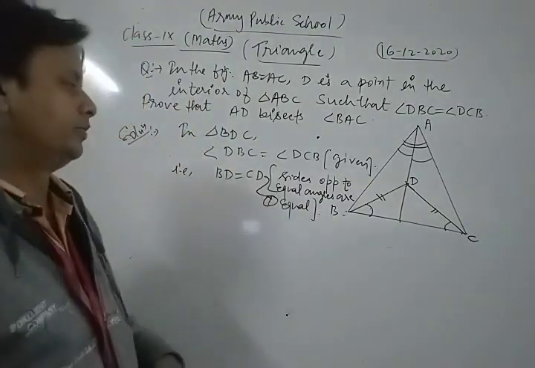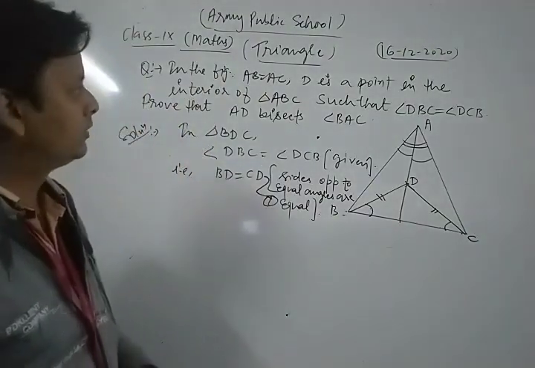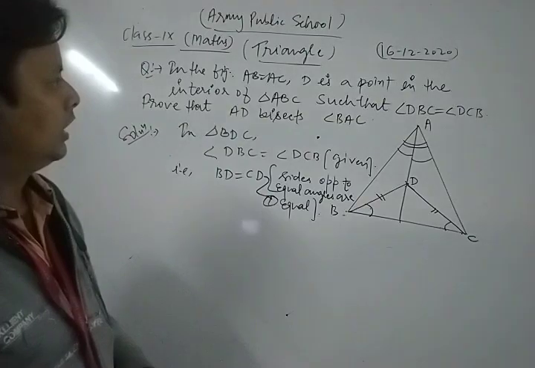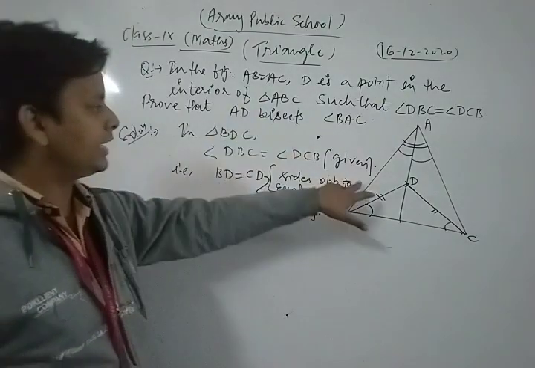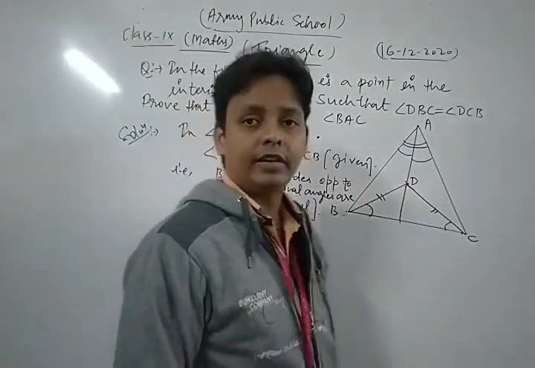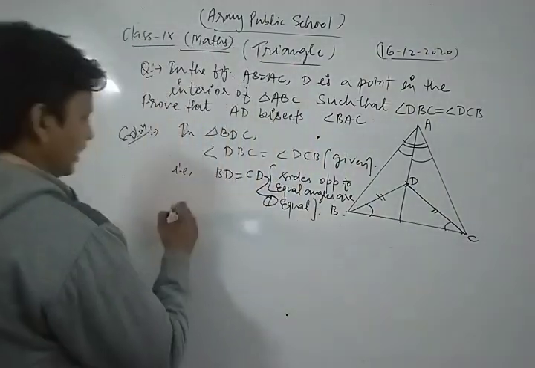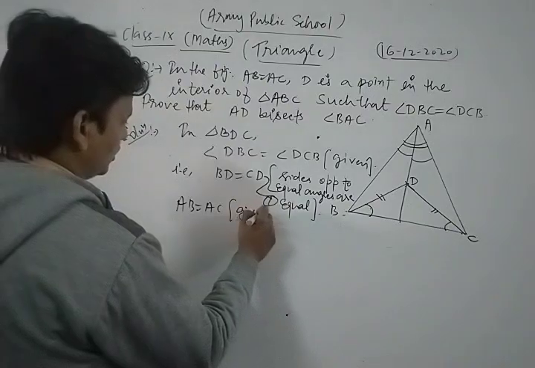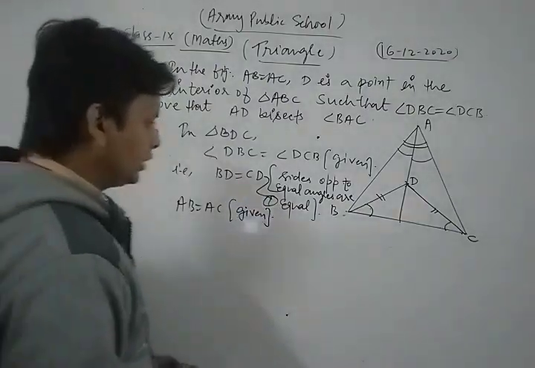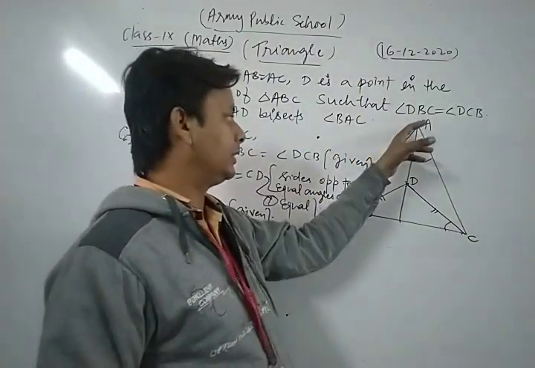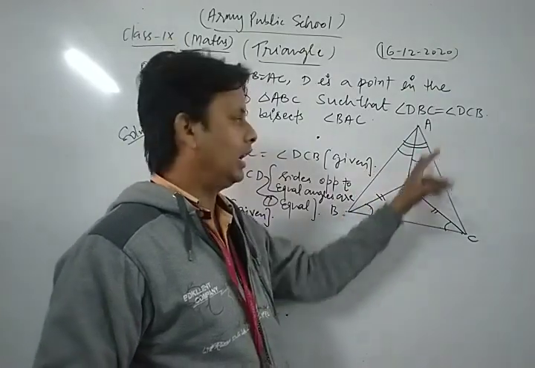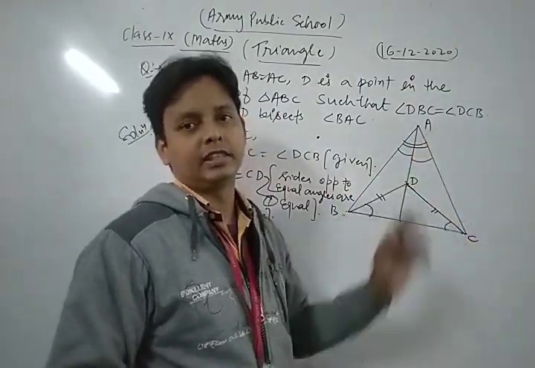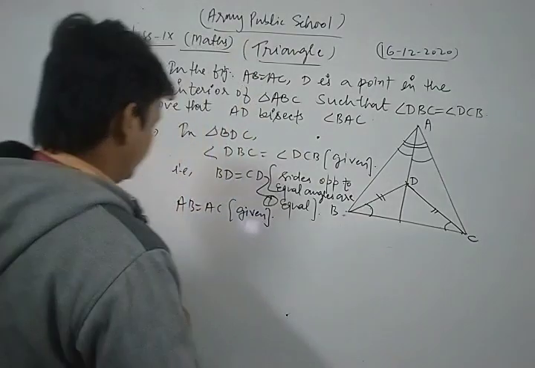Okay. Now dear students, in the given figure, AB is equal to AC is already given. This is also given in that question. Now, what we do, dear, we take triangle ABD and triangle ACD.